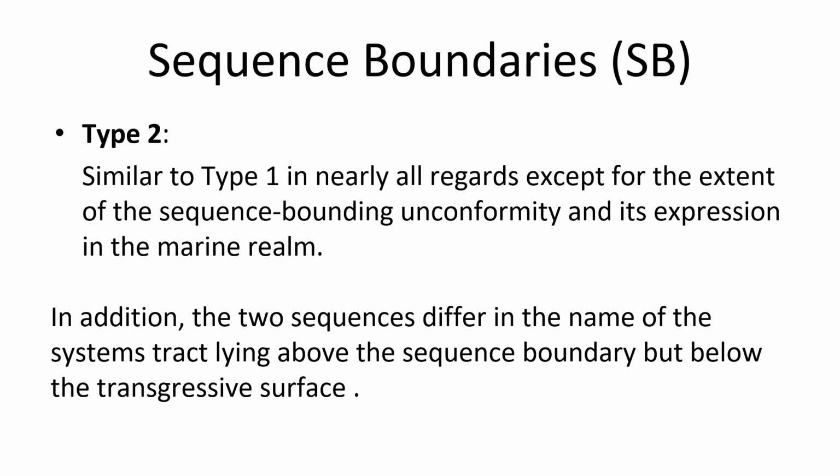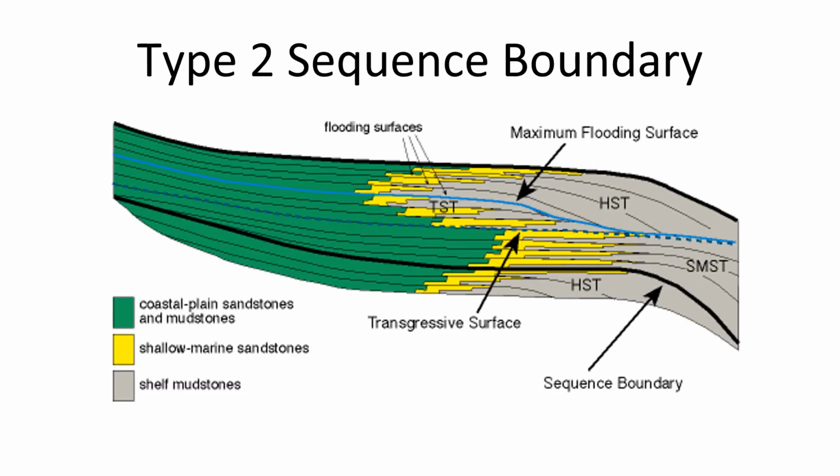So let's take a look at this one. Notice we don't have that fluvial or estuarine deposit. And notice how our sequence boundary continues much further into that marine realm because we've had such a significant unconformity. So let's look at these two side by side and compare them together.